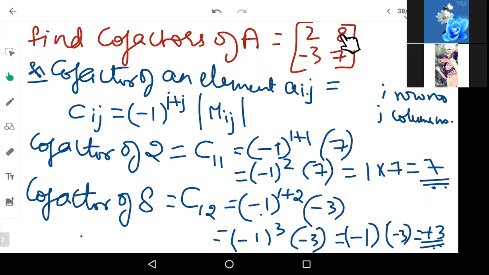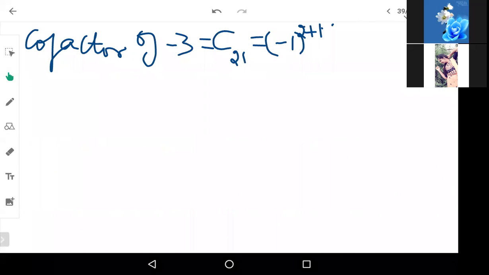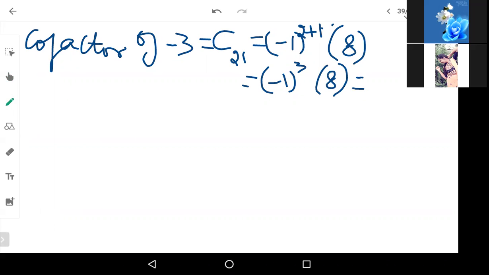Who will answer this? Eight. Okay, it's going to be 8. So minus 1 to the power 3 into 8. Minus 1 to the power 3 is minus 1, and then into 8 is nothing but minus 8.